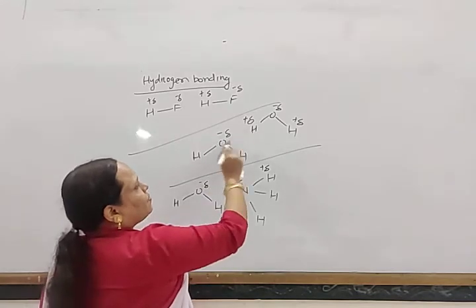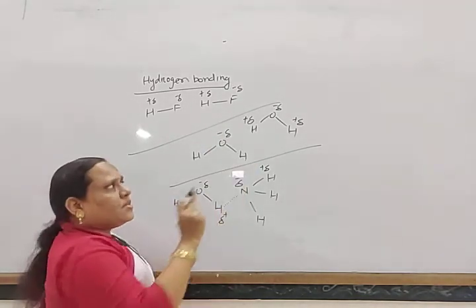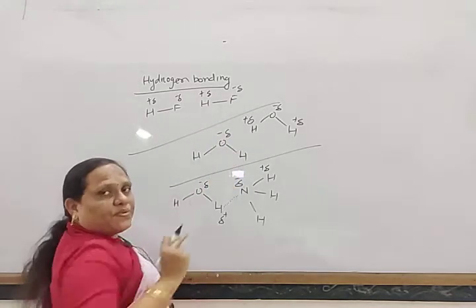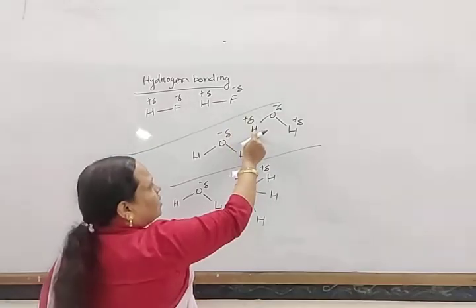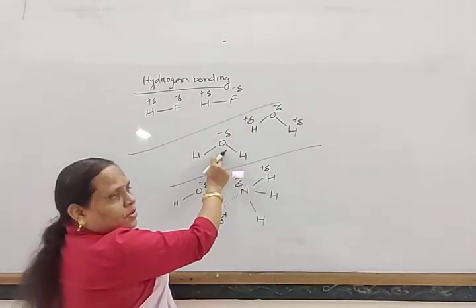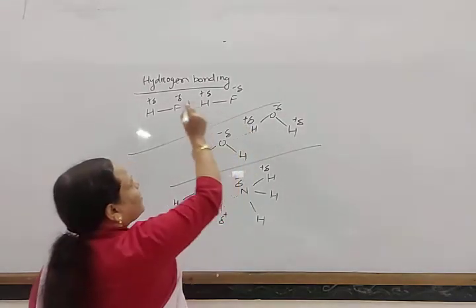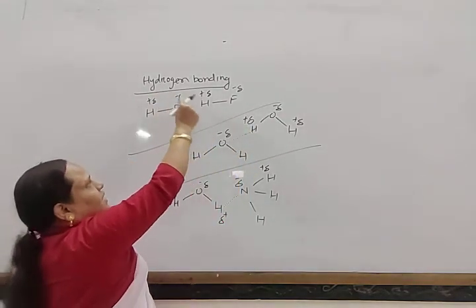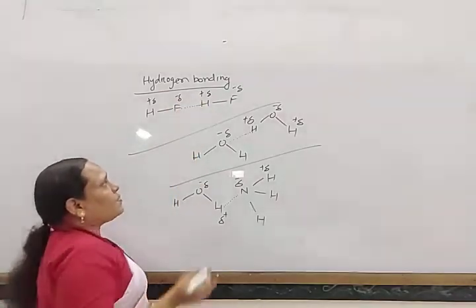In the water molecule also, oxygen is negative and hydrogen is positive, so a dipole is created, and the positive pole attracts the negative pole of the other molecule. And in F-H also, a force of attraction exists between them.